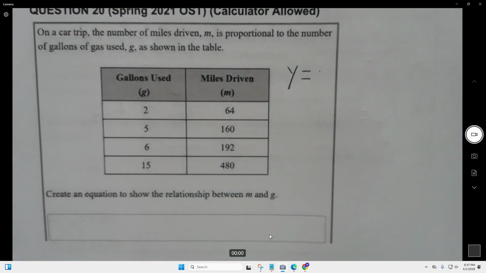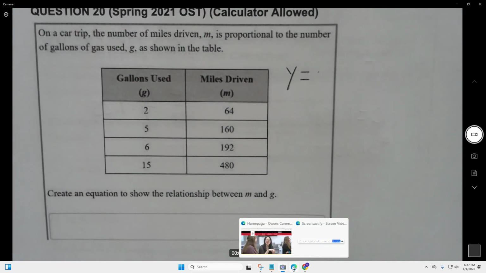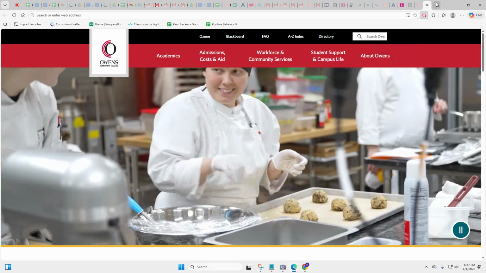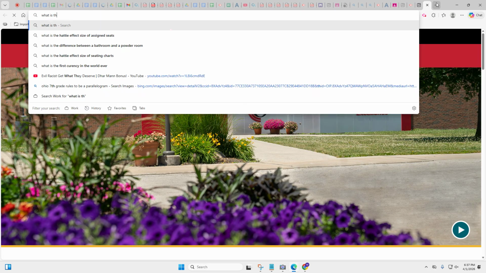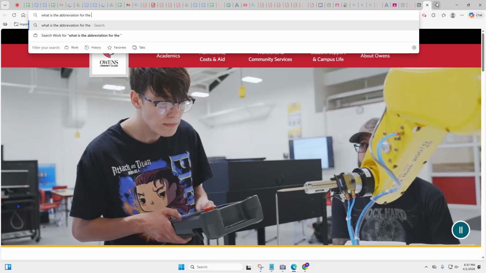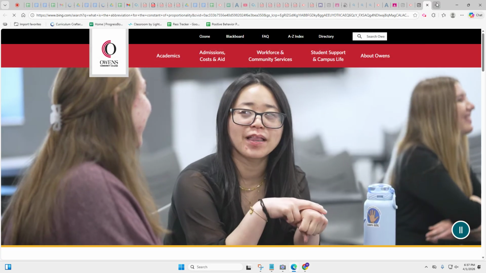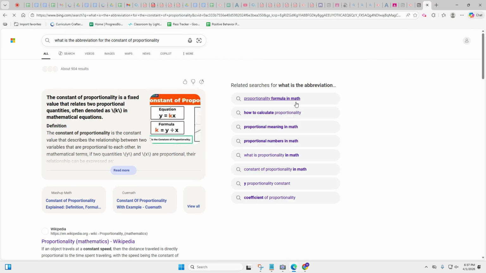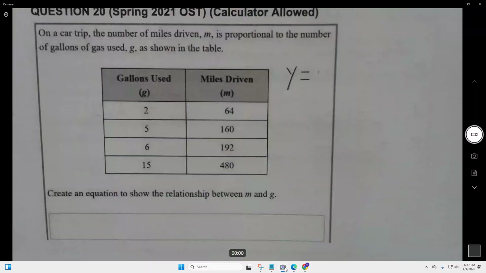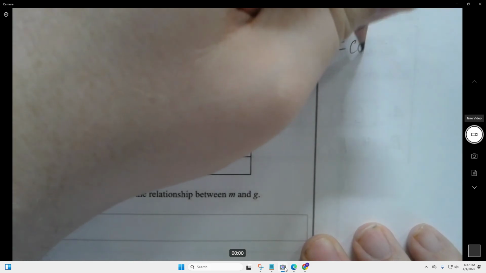I believe there is an abbreviation for it, and I don't remember it offhand. Let me go double check. We're doing this live. What is the abbreviation for the constant of proportionality? It is K. Okay, that makes sense. So the abbreviation for the constant of proportionality is K.